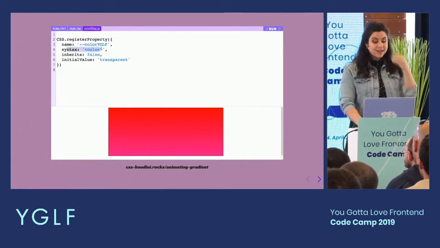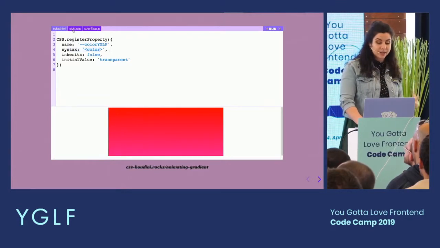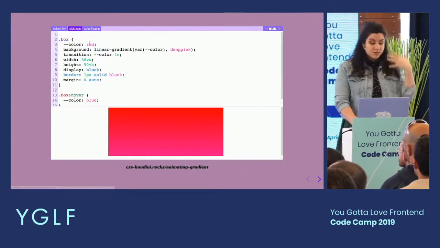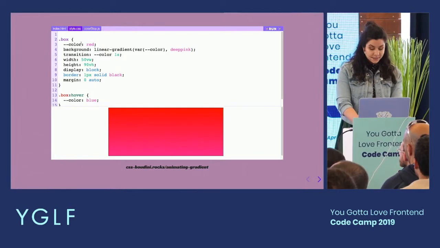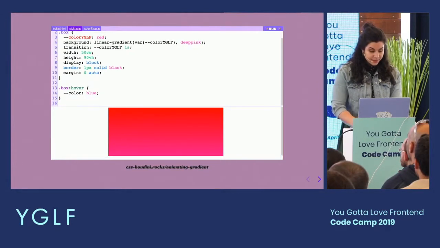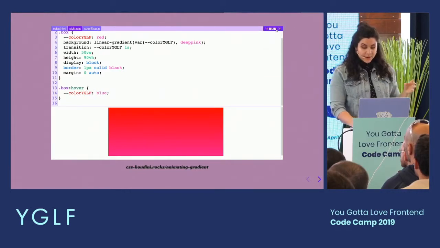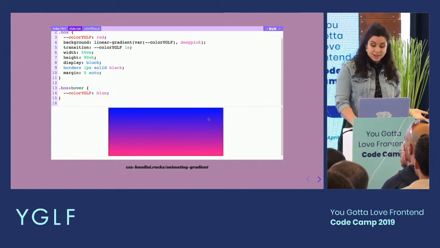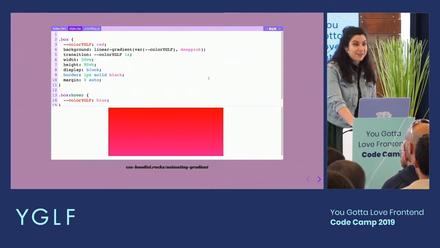But I'm applying the syntax of color to this property that I'm registering so that it now understands what this means. So if I update all of my color variables to color YGLF, and then I can transition that, I update it here on the hover. Now when I run it, it's going to transition. So we've now registered a property.